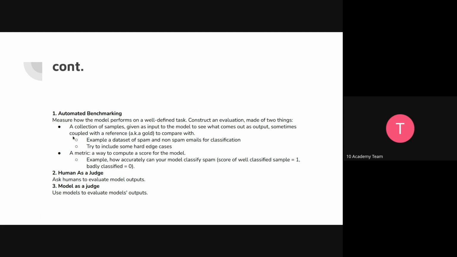What you have on this slide is automated benchmarking: you need a test data set and a metric. For human judges, it can be something really systematic, with provided guidelines on how to judge the output of the model for a particular task, let's say question answering.